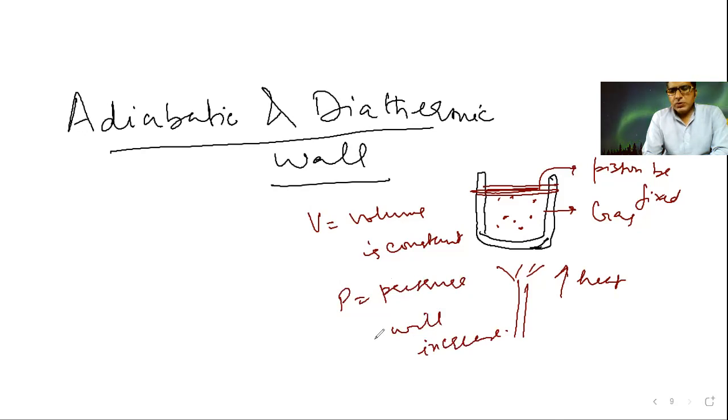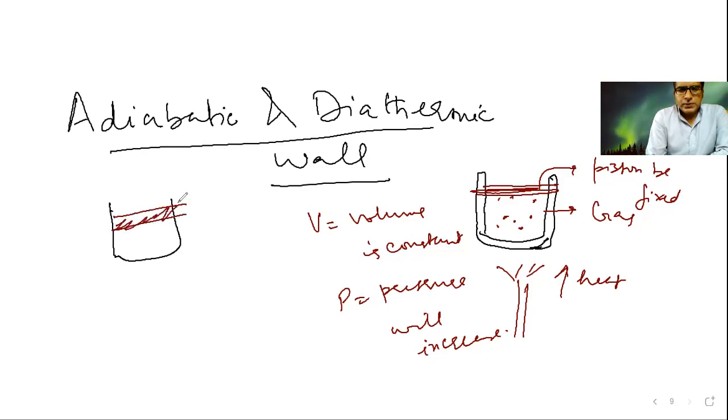That means for a constant volume gas system, pressure increase indicates temperature increase. You need to remember it. Another possibility is you take the same gas, but now the piston is movable. A movable piston means P is constant.